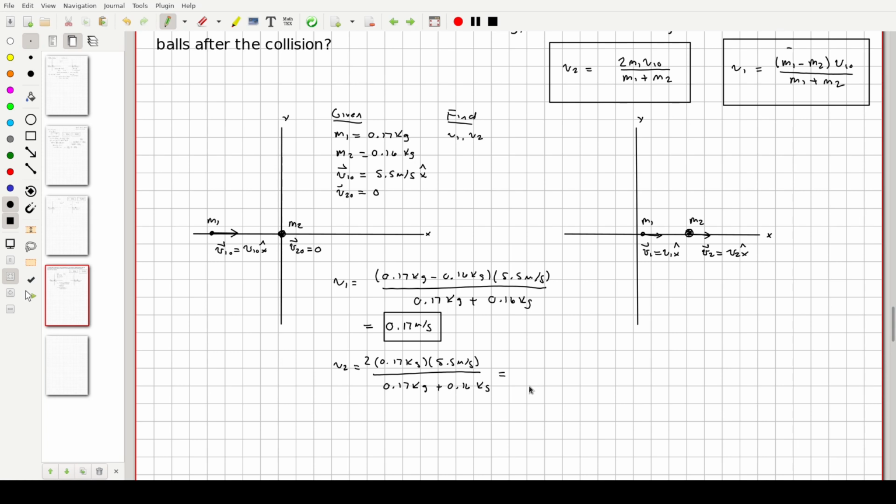And if I do that, I get about 5.7 meters per second.